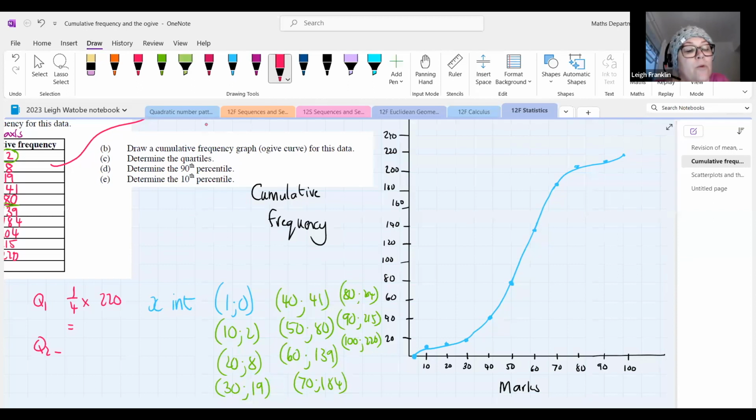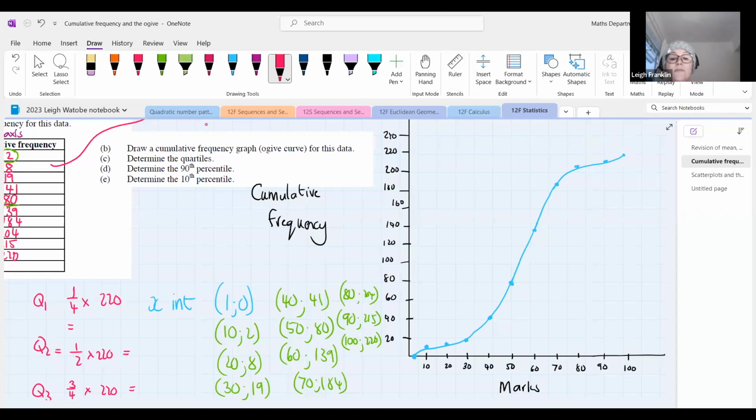Your median will always be halfway, and your upper quartile will always be 3/4 of the way in. So if they say to you, determine the lower quartile for the data, you take 220 and times it by 1/4, which is the same as dividing it by 4. You get 55, don't you?